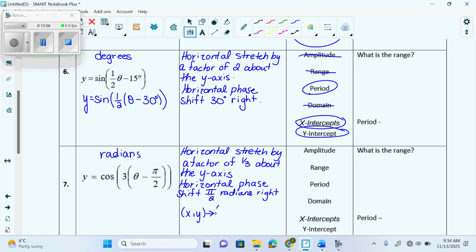So it's going to be 1/3 x, comma... what I should have been doing this whole time is... So we don't have an x, we have a theta.